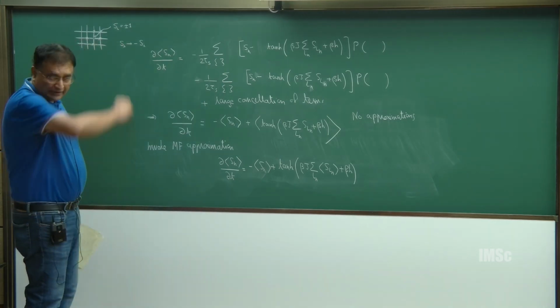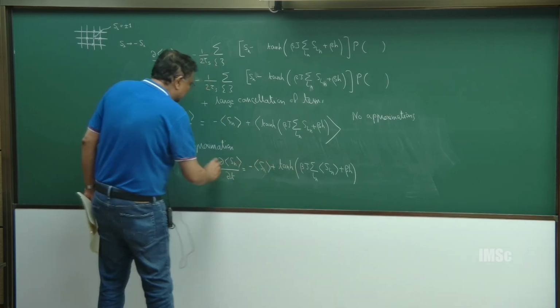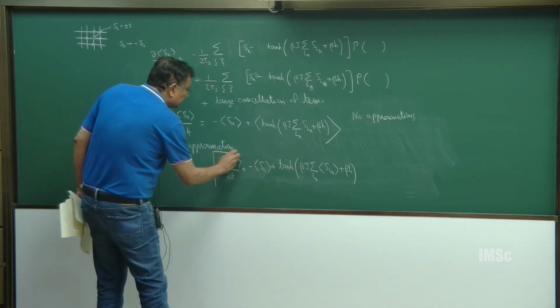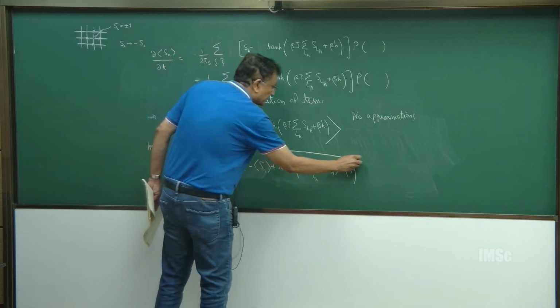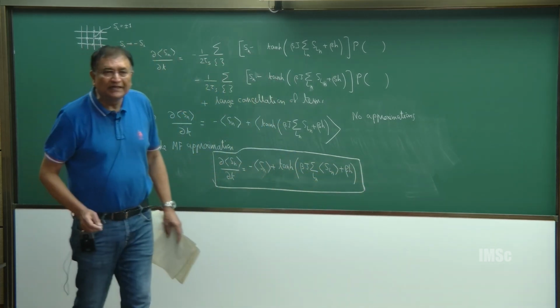Now, you have a closed equation for the magnetization. Of course, you have this function tanh out there. Why do I call this the mean field equation?